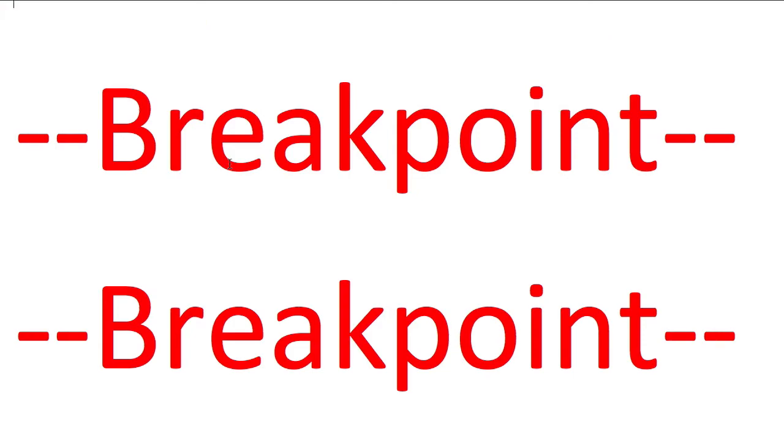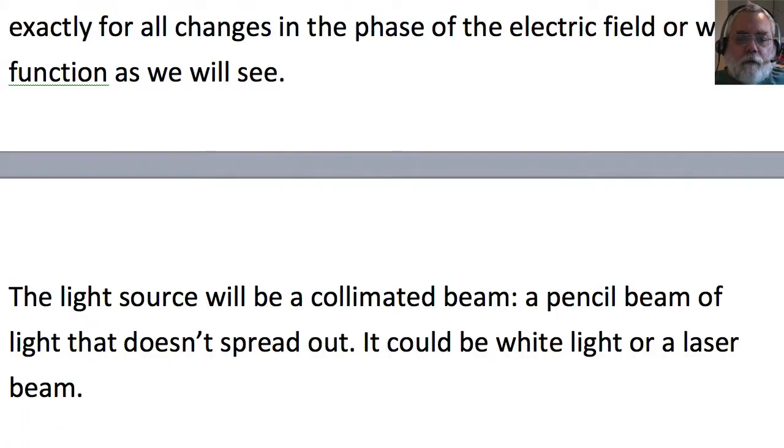This is a possible time to take a break. The light source will be a collimated beam, a pencil beam of light that doesn't spread out. It could be white light, sunlight, or it could be a laser beam.